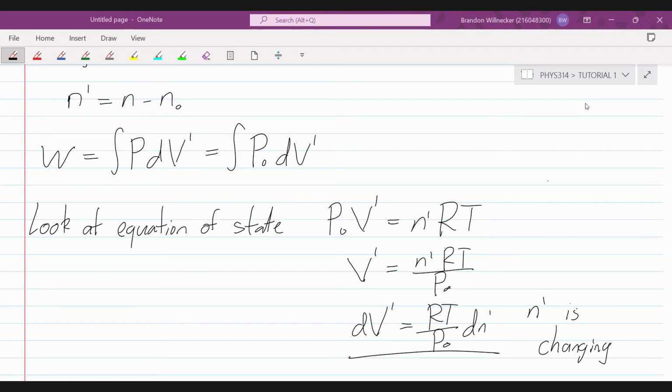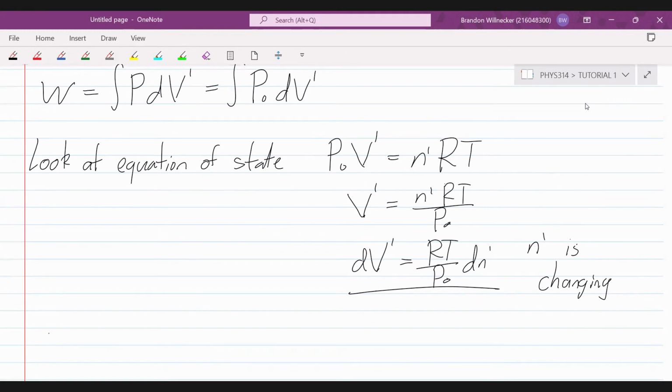So what does the work done look like in this case? The work done is the integral, after our little change of variables, from 0 to N prime. In the beginning, 0 moles escaped. At the end, N prime moles escaped. So that's our bound for integration. We're integrating P naught dV prime.